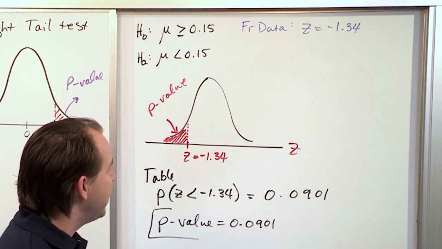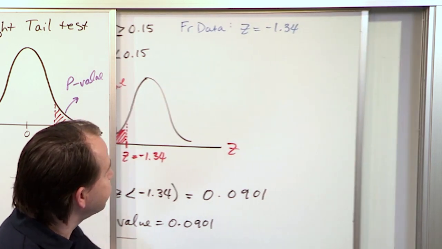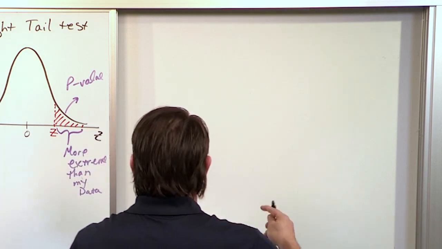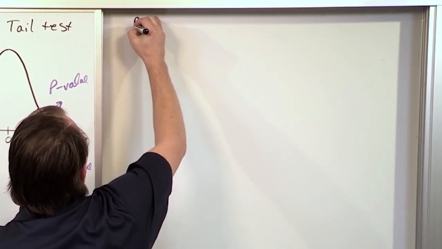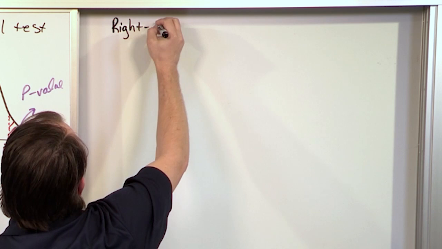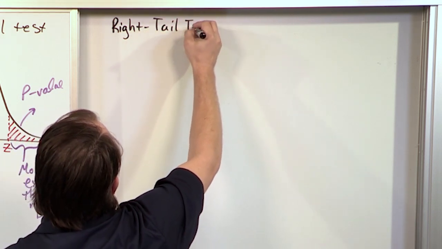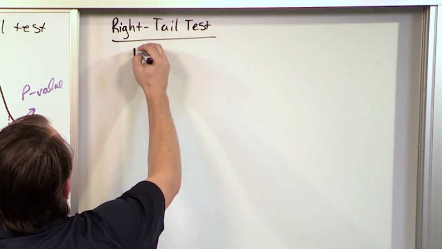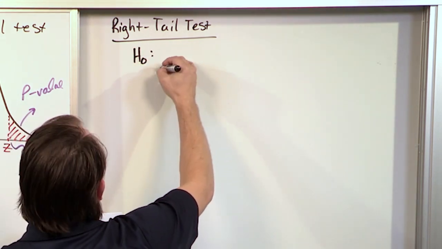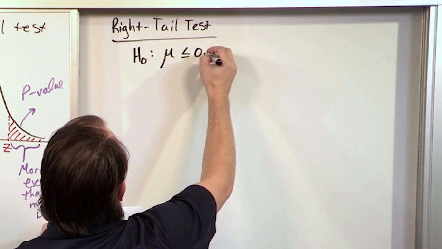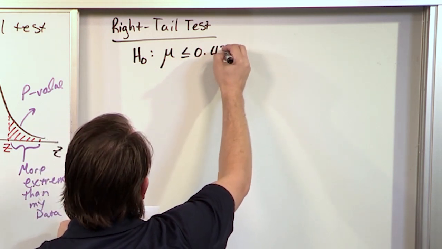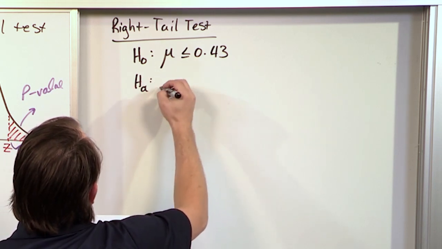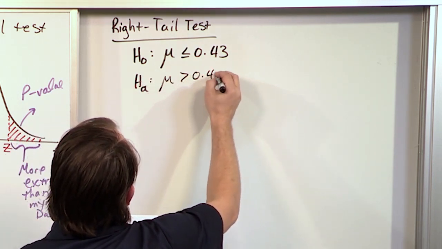Right? Now, what happens if we have a right-tail test? Well, for a right-tail test, let's pretend that we have a null hypothesis, which has a mean of less than or equal to 0.43, and an alternate hypothesis, whoops, I'm going to put an A there, a mean greater than 0.43.